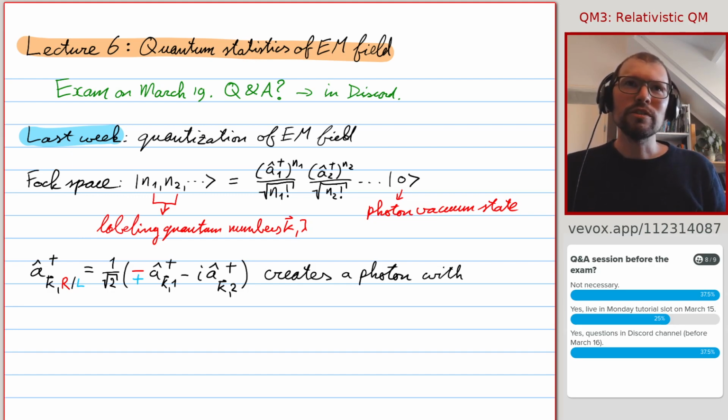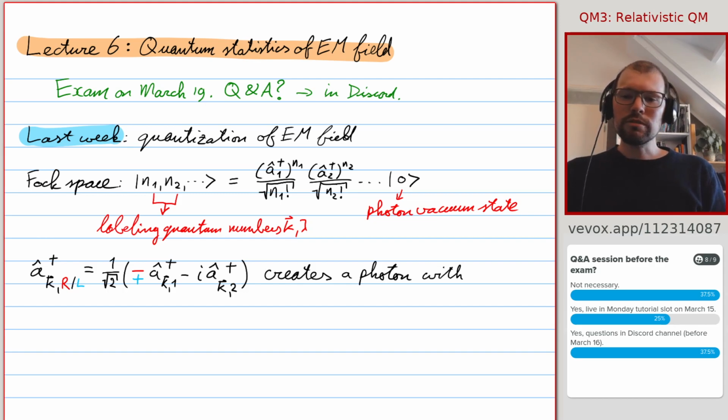Well, we figured out that if we properly write the solutions to the Maxwell equations in terms of Fourier components, then really the coefficients contain all the degrees of freedom, and they nicely pair up into these harmonic oscillators. And as soon as we have an infinite set of independent harmonic oscillators, well, we know how to quantize. And this is what we did last week.